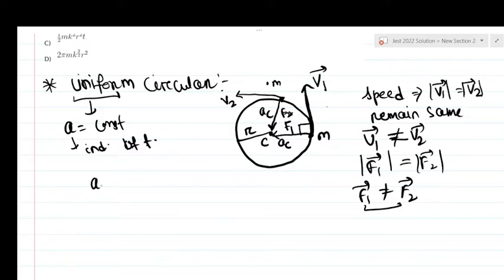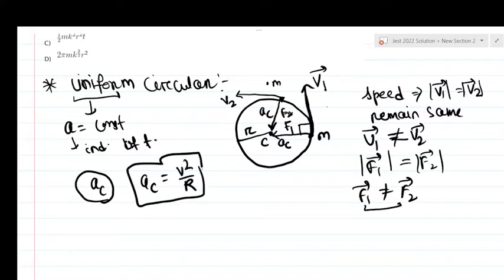In uniform circular motion, the only acceleration is the centripetal acceleration, here no other acceleration, and that centripetal acceleration is v square by r. Keep in mind, the centripetal force will be mv square by r, as you know.